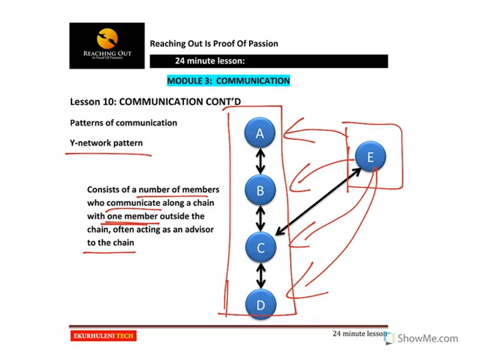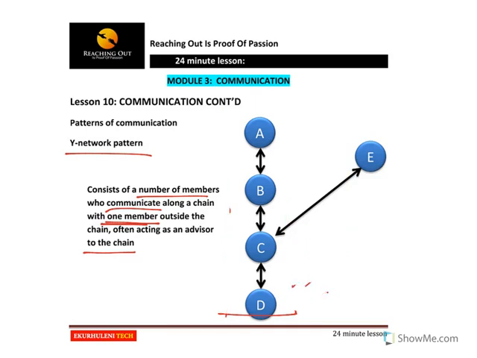It can be a consultant, let's say an engineer, who is advising different people in the company. So these people, usually they don't report to anyone but themselves are advising any member along the chain. It is called a Y network. As you can see, it takes the shape of a Y. Then the person outside there is advising the chain.